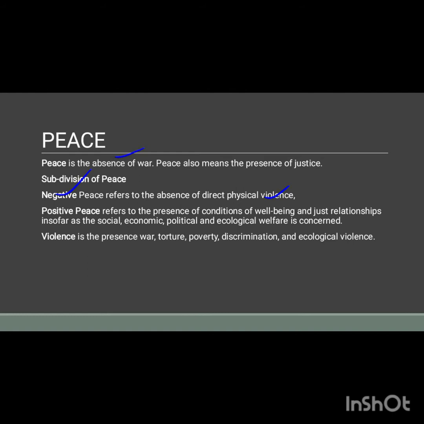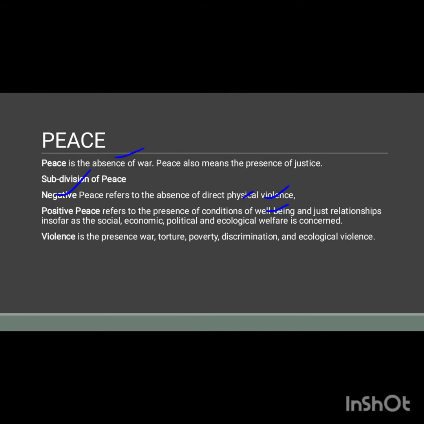For negative peace, it's the absence of physical violence. Positive peace, presence. You see? Presence of conditions of well-being. That is the only difference between what? Negative peace and positive peace.